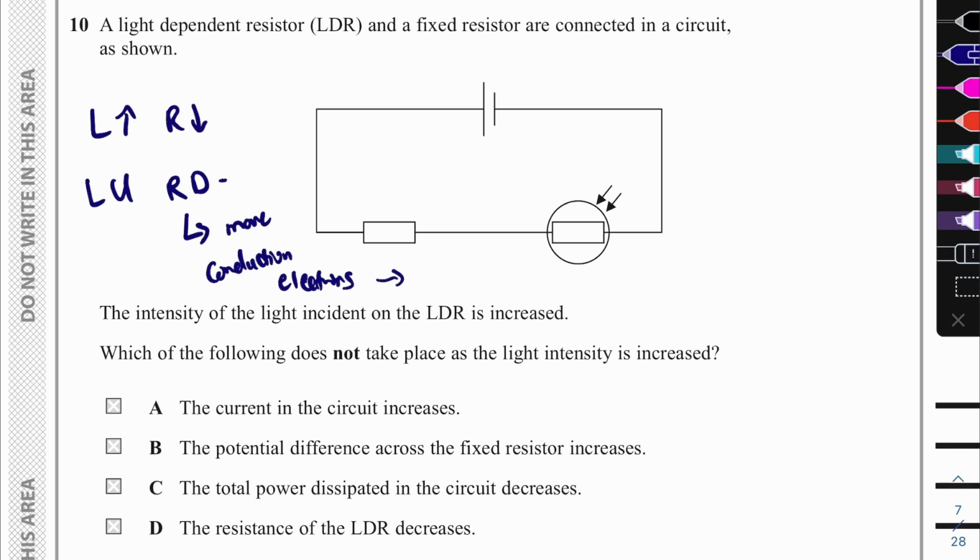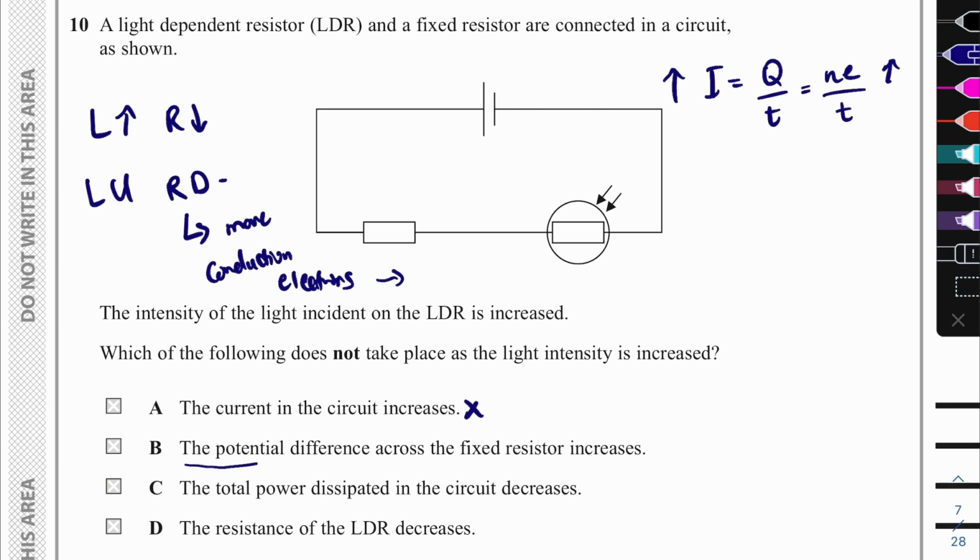This means what? We know that I equals Q over t, which is the same thing as number of electrons over time. If N is increasing and the time stays the same, that means that I is also increasing. So they said, which of these does not take place? This is taking place, so A is wrong.